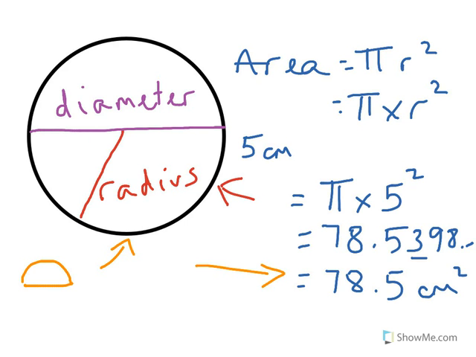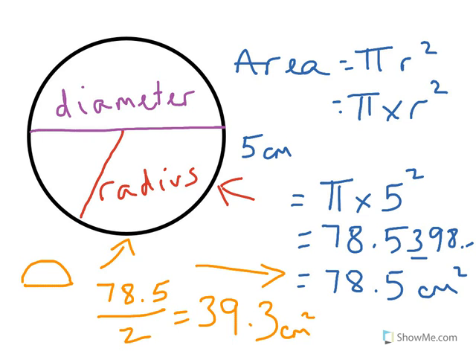And then all you would do is halve your answer. So you would write 78.5 and divide it by 2. And that would give you your area of a semicircle, which would be 39.3 centimetres squared. So that would be the area of a semicircle.